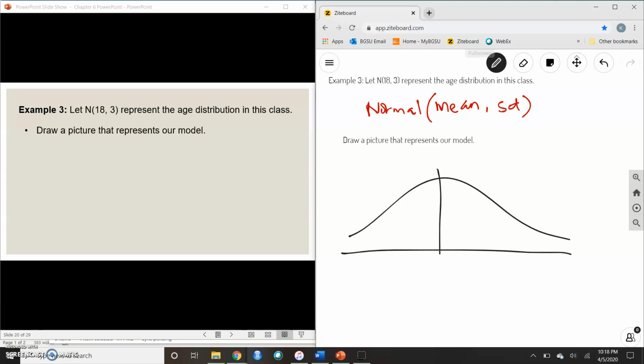This is something that we learned from chapter 3 already. The mean in this case we know is 18, and the standard deviation is 3. One standard deviation above the mean will be 21, 2 above will be 24, 3 above is 27. And then we also know what these 3 values are too.